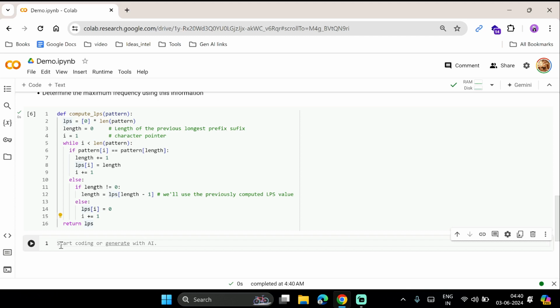Now, where can we find the longest proper prefix which is also a suffix? We find it at the last one. If we go to LPS[-1], this gives us the length of the longest proper prefix which is also a suffix.